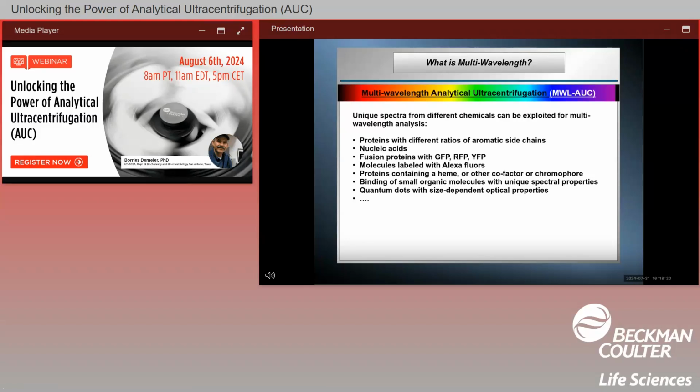And that can be distinguished with the aromatic side chains like tryptophan or tyrosine that absorb around 280 nanometers.